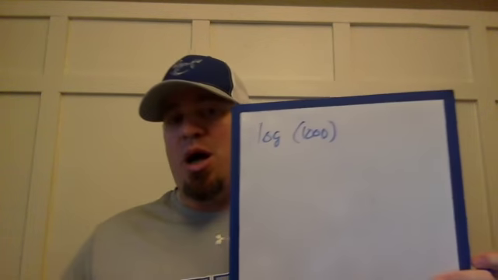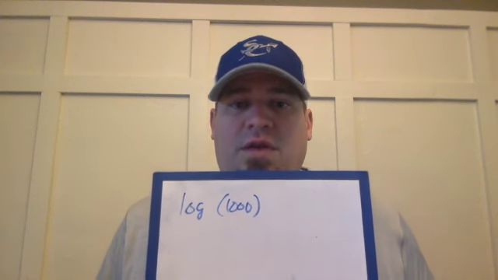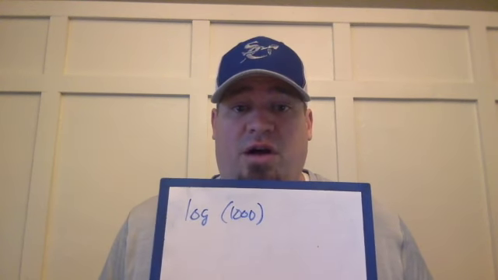Now, a couple of things that we need to know and understand about logarithms. Sometimes you will be given a problem that just says log of 1,000. Okay, so let's talk about what this means. If I'm given the problem log of 1,000, this is known as the standard log.